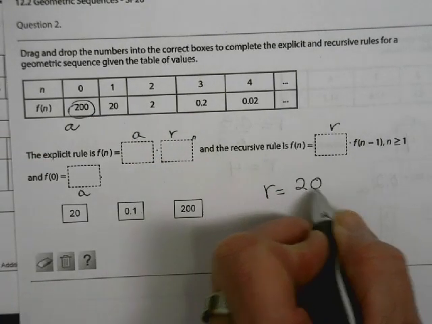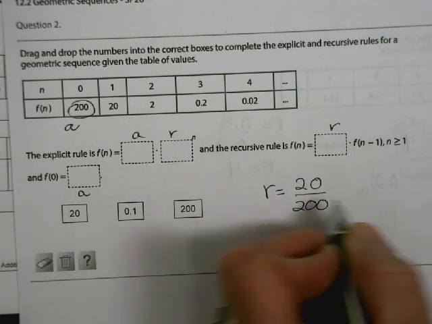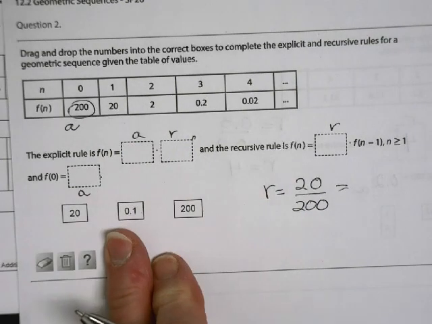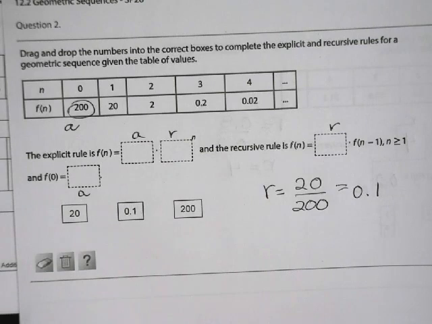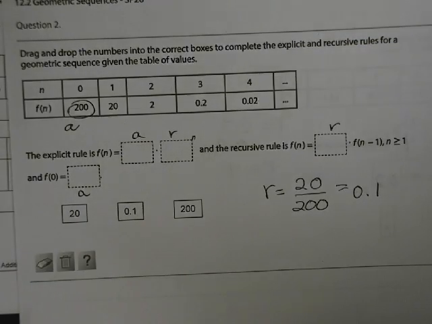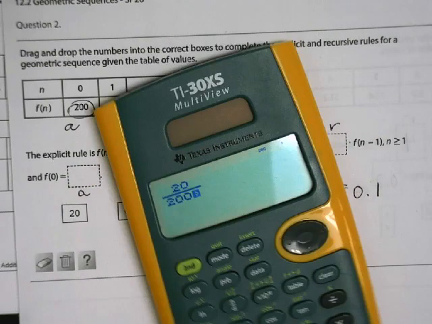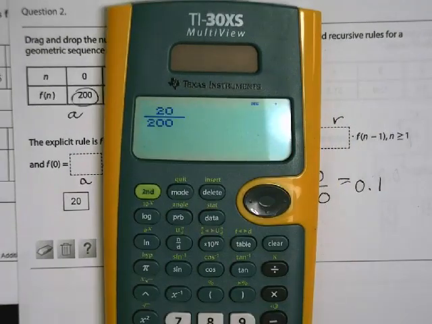Remember, this needs to be A, this is R, this is R, this is A. So I find R, this is A, 20 over 200, and it looks like it has to be in decimal form. So you know how to make your calculator do decimals versus fractions, right?